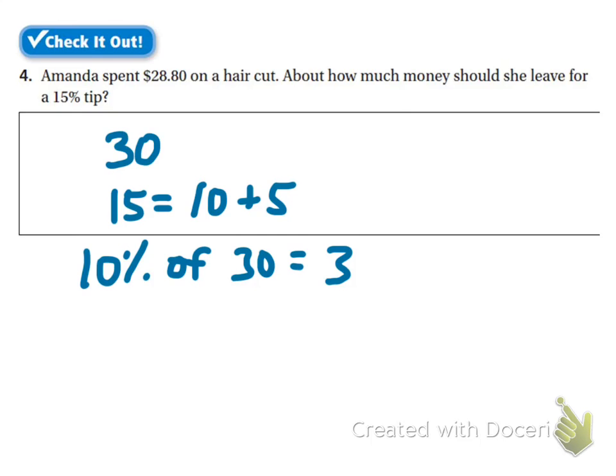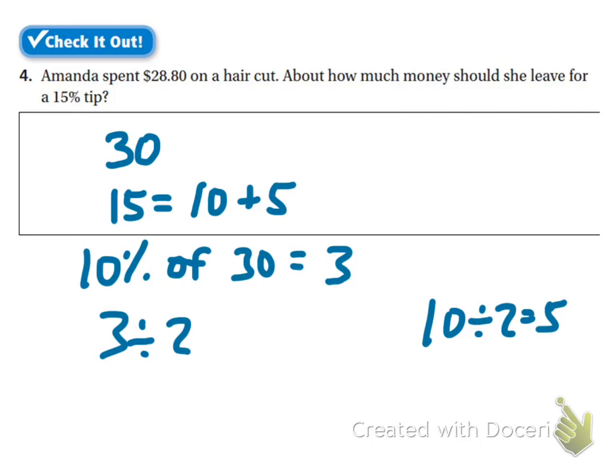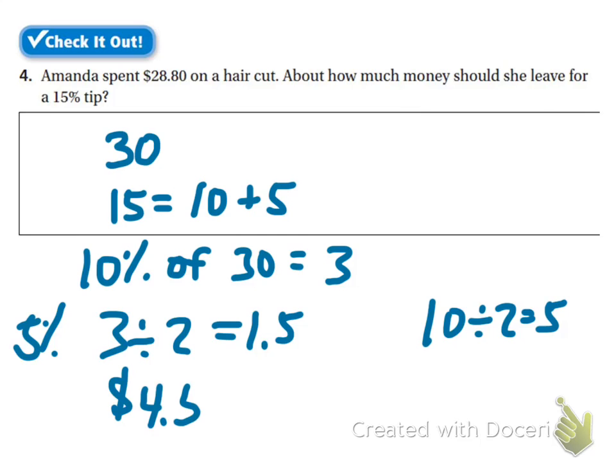So then half of 3, because 10 divided by 2 is 5, so I want to find the 5%. So 3 divided by 2 is 1.5, so she should leave about a $4.50 tip. If you need to go back and rewatch the video, please do at your leisure.